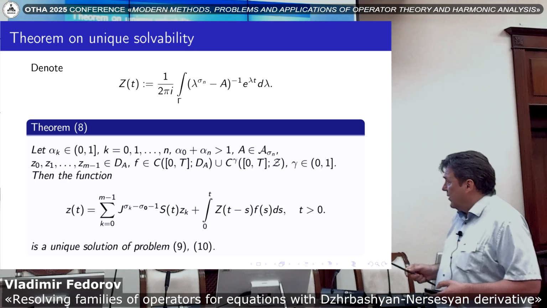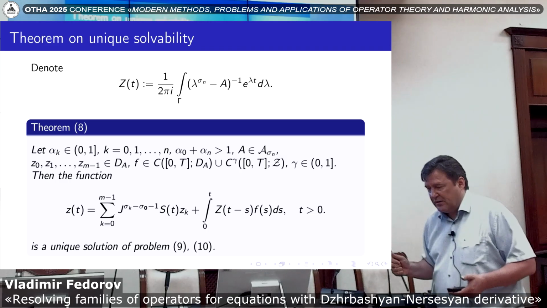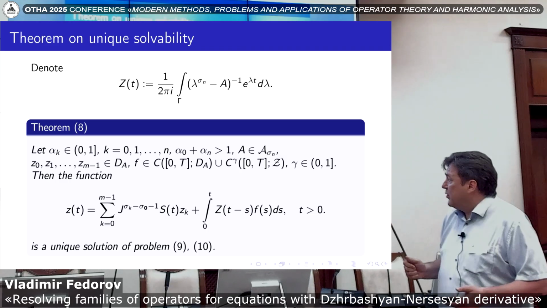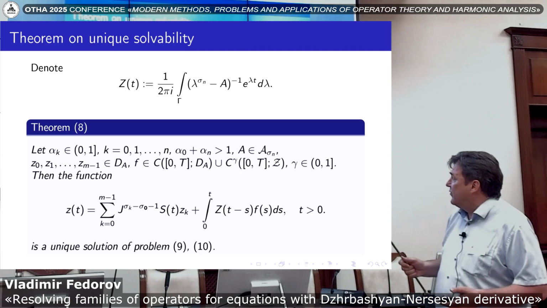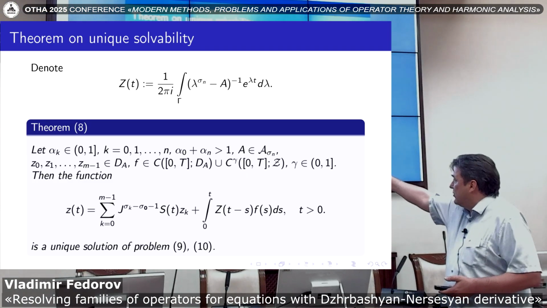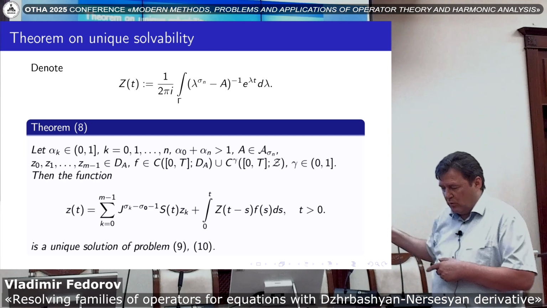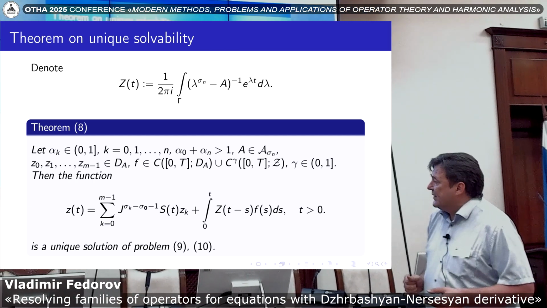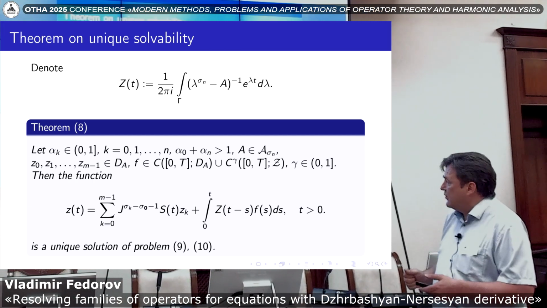And this result is also analogous to the theory of semigroups of operators, and the conditions on F are the same, only in the analytic case, in the sectorial case.